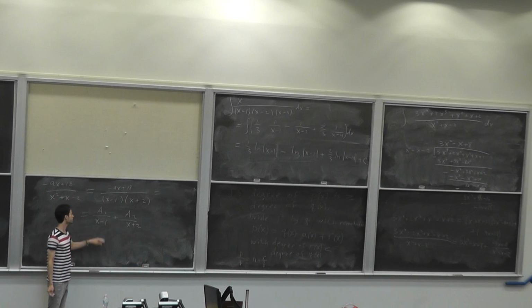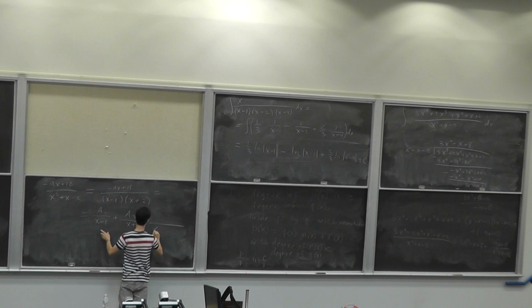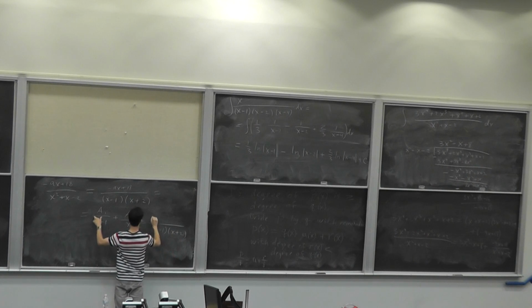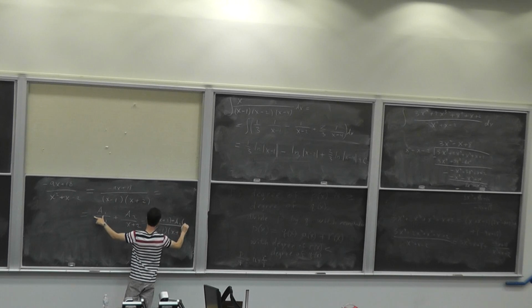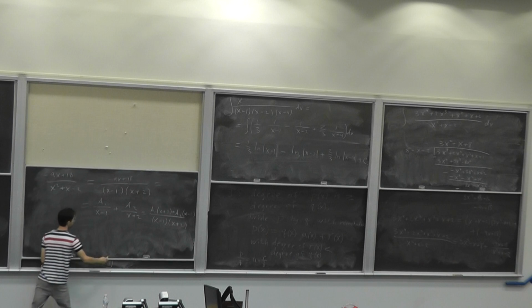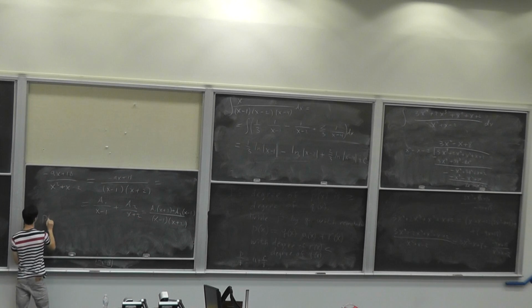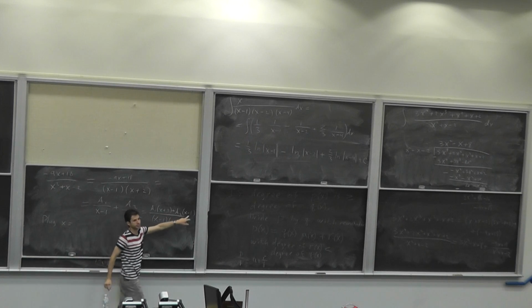The only thing that remains is to find this a1 and a2. So bring it back to the one denominator. I want these to be equal to that. So plug in x equal to minus 2 and x equal to 1.